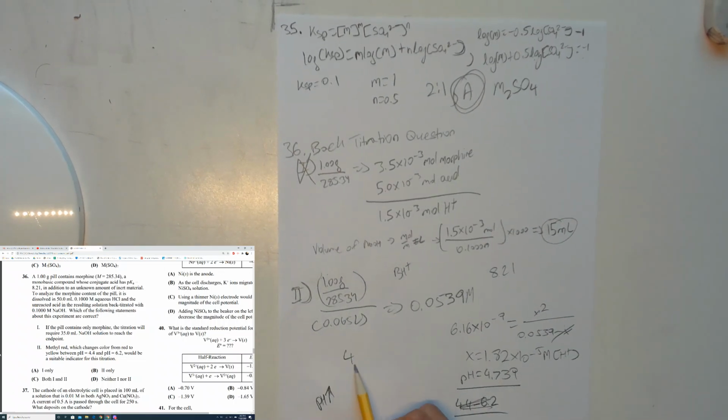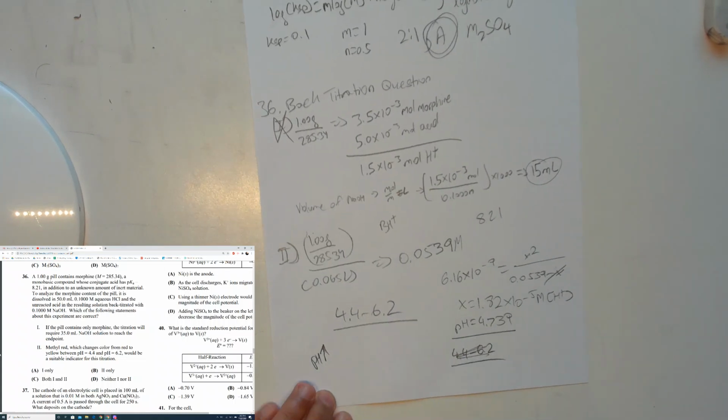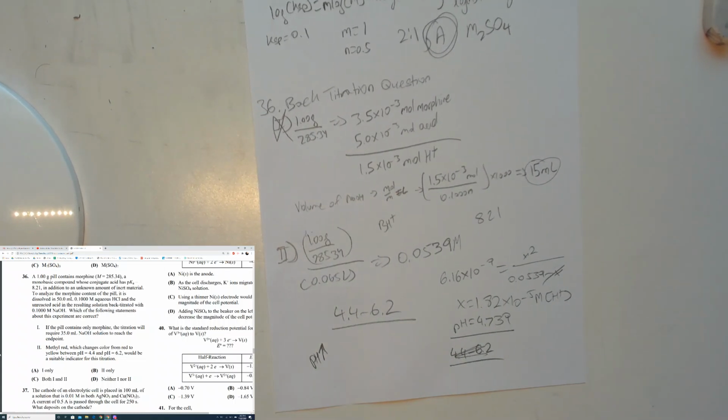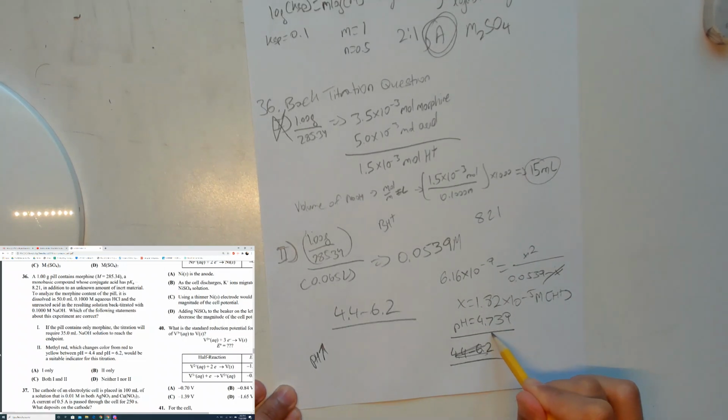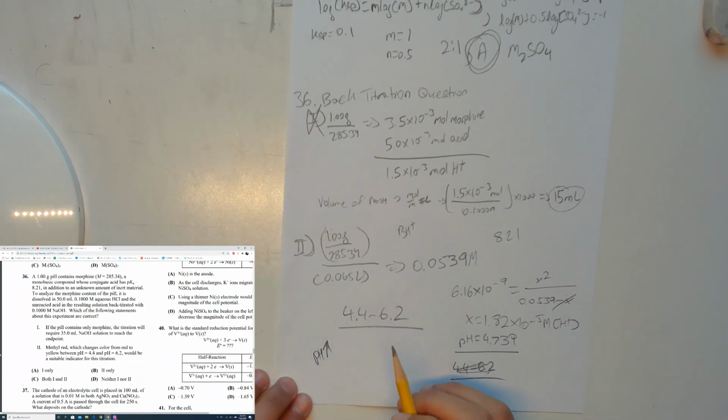So that means as you add more and more NaOH, the end point will have a pH of this, which is in the range of the indicator. So yes, this is a suitable indicator for this titration.